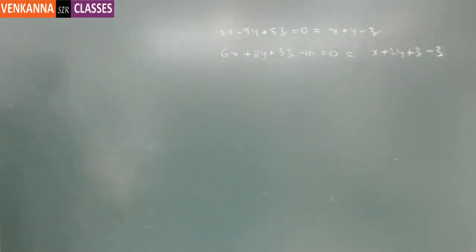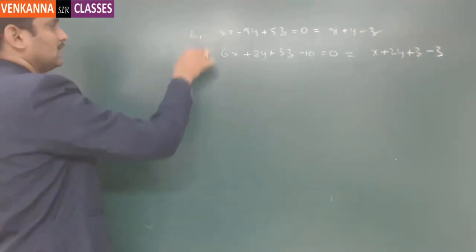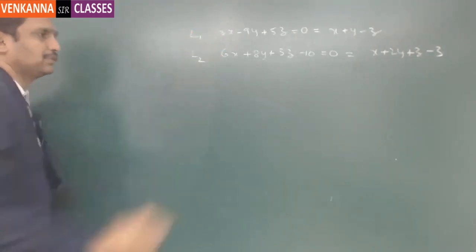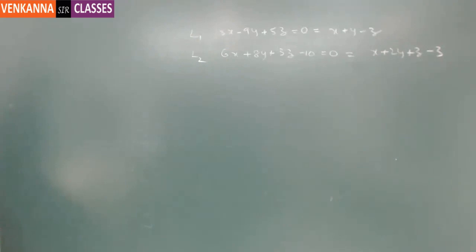So here the question is, this is line 1 and this is line 2. So both lines are given in unsymmetric form. I have to calculate SD and also the SD line.